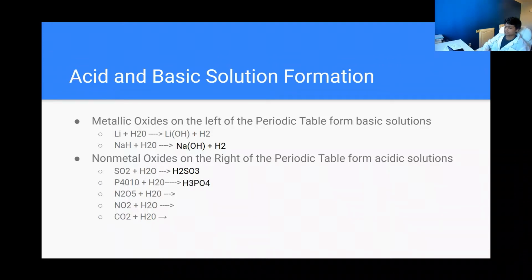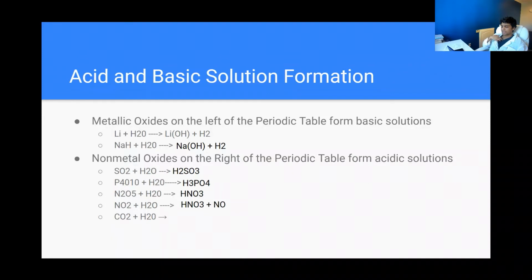Now, dinitrogen pentoxide plus water, what will it form? What's an acid with nitrogen? Mostly these types of reactions form a more common acid like HNO3. It will form nitric acid. The fourth, NO2 plus H2O, is a little tricky, so I'll just give it to you. It will form HNO3 plus NO, but just memorize that.